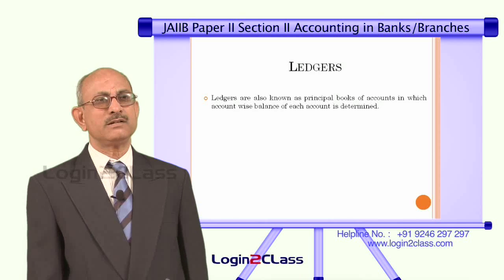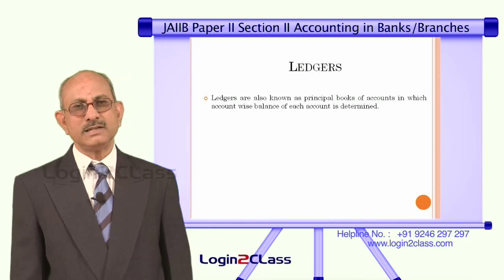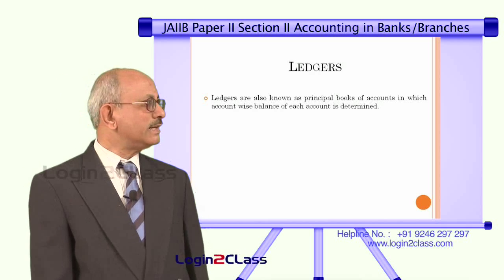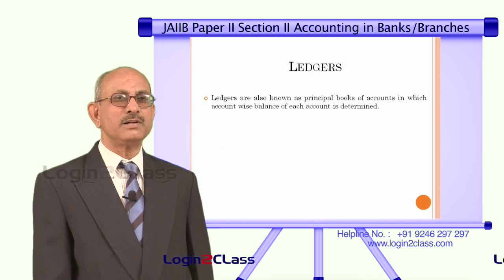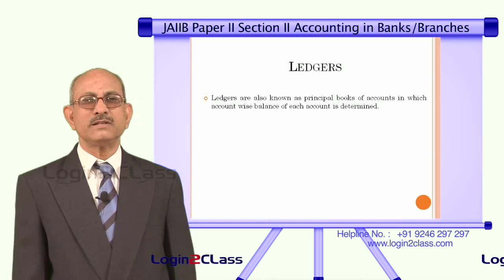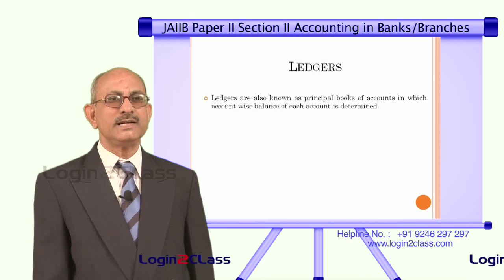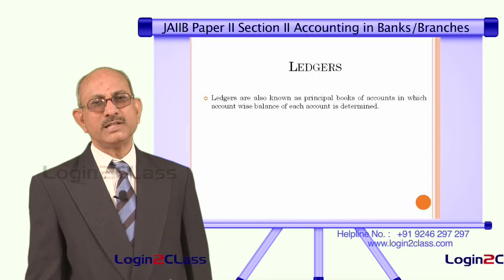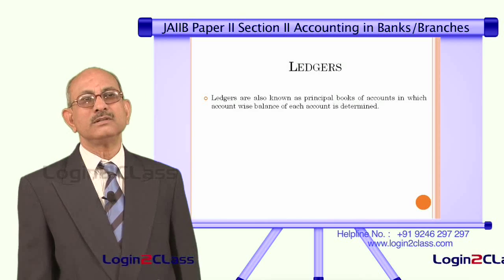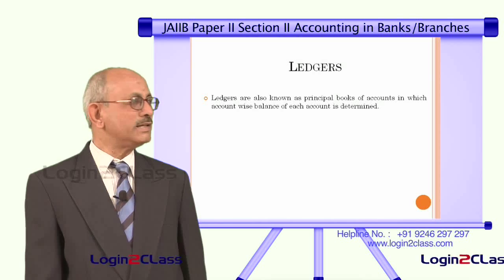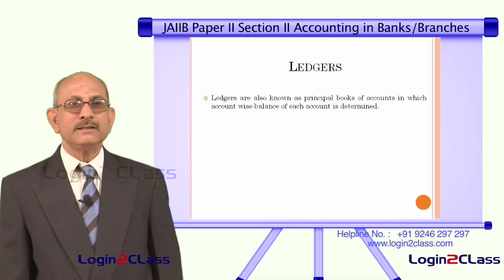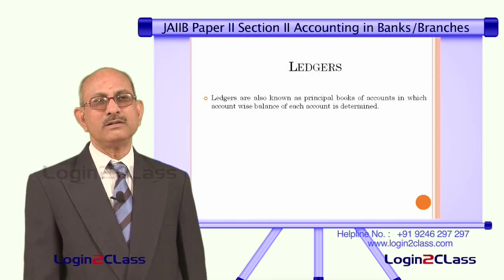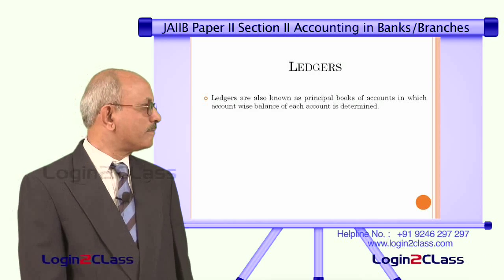That means whatever is recorded in the journal is taken respectively to those accounts. For example, in the earlier example, we found out that in several transactions, cash account is affected. So all entries relating to cash are taken to the cash account. All entries relating to purchases are taken to the purchases account. So this is a method of classifying the different entries into debit and credit depending on which account has been affected.